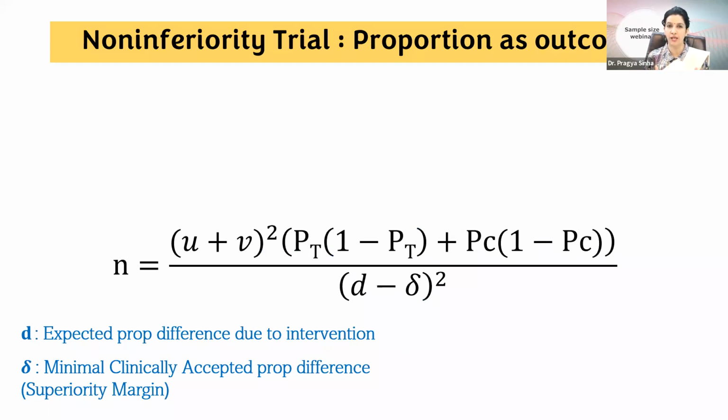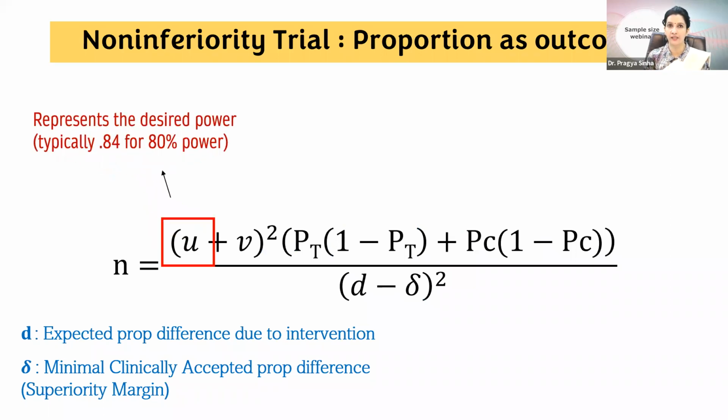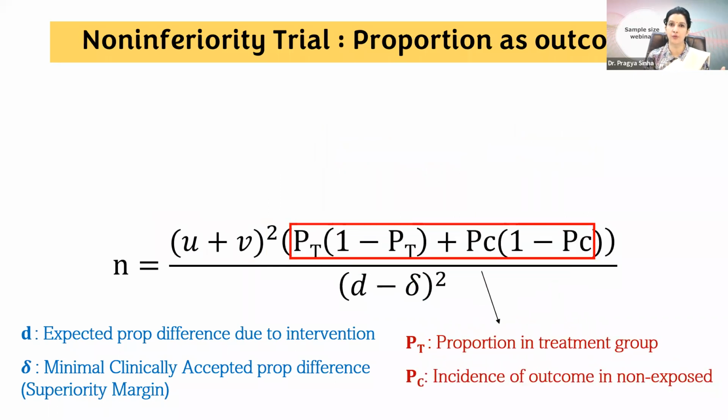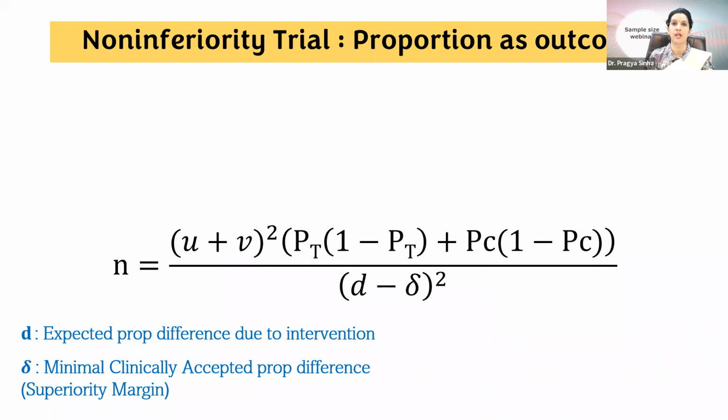So the formula is again U plus V square. And we have discussed this U and V, and PT is the proportion in the treatment group and 1 minus PT is the proportion in the other control group. And then this D, we have discussed this D. D is the expected proportion difference due to the intervention. And this delta is the minimal clinically acceptable proportion difference.